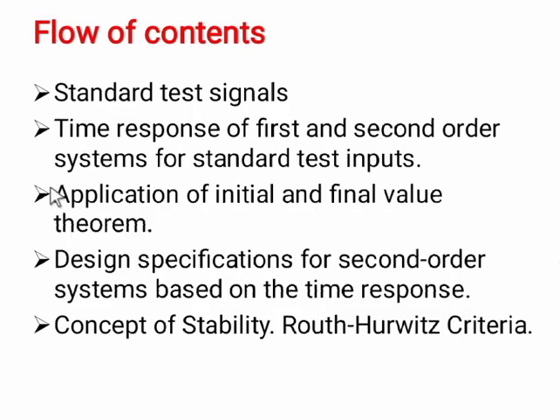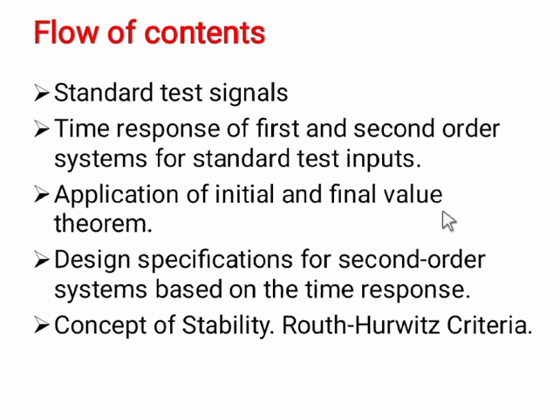So in this lecture we completed the third topic, application of initial value theorem and final value theorem. The initial value theorem gives the value of error for the transient response, and the final value theorem gives the value of error for the steady state response.